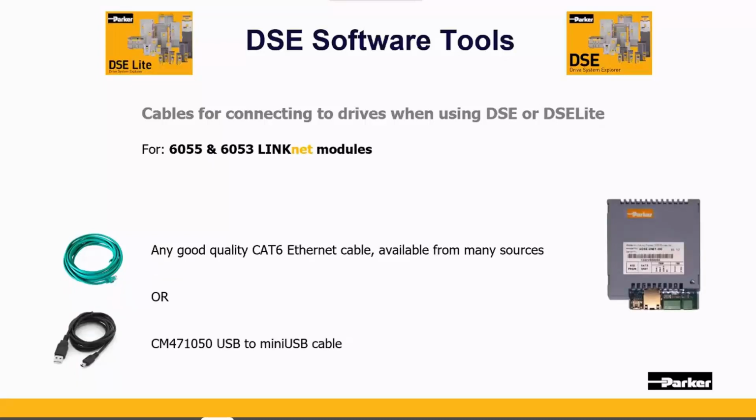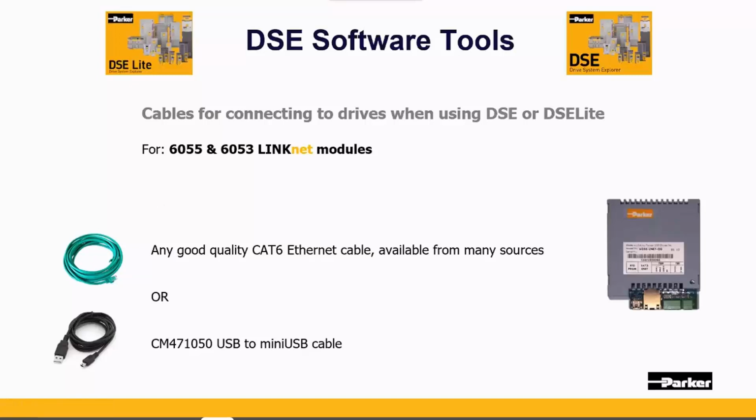If you've got LinkNet modules that go on 590 Pluses and 690 Pluses, the 6055 and 6053 LinkNet modules, there are two ways to program them. Again, one is any good quality Cat6 Ethernet cable available from many sources.